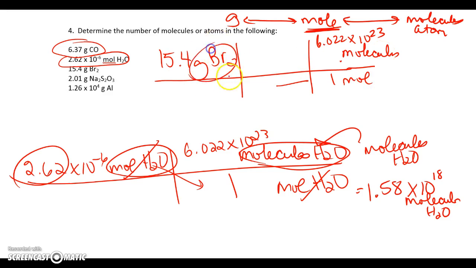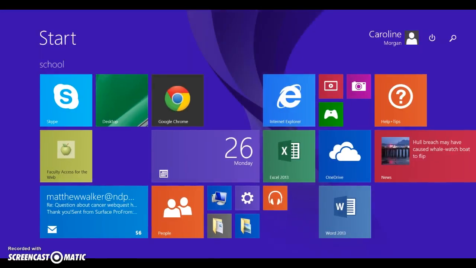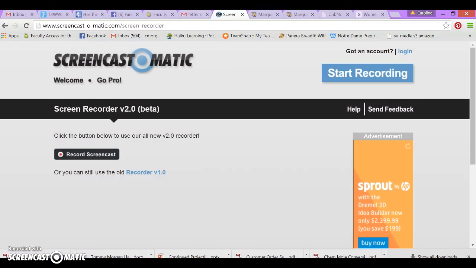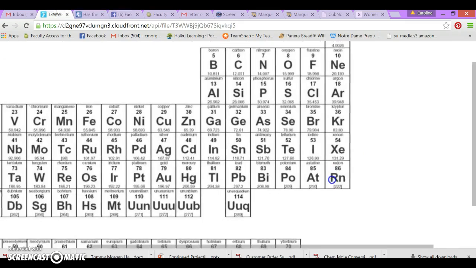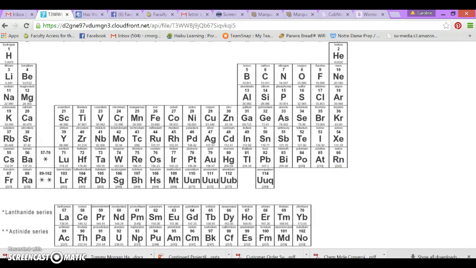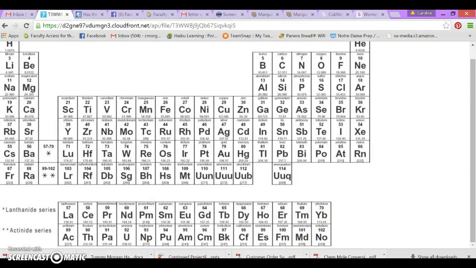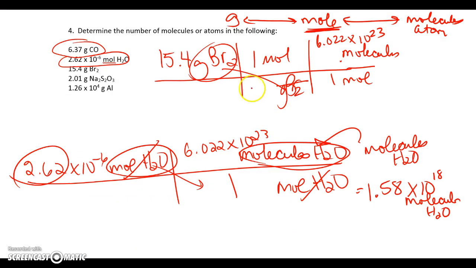We're going to have grams of bromine in 1 mole of bromine. So I need to quickly look at my periodic table, if I have it handy, and figure out what bromine is. 79.91. Okay, whoops. So it's times 2, right?